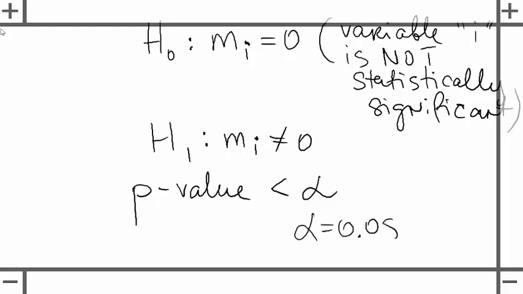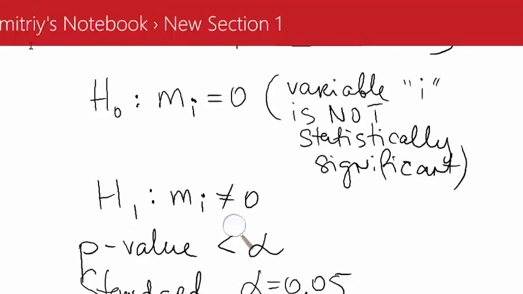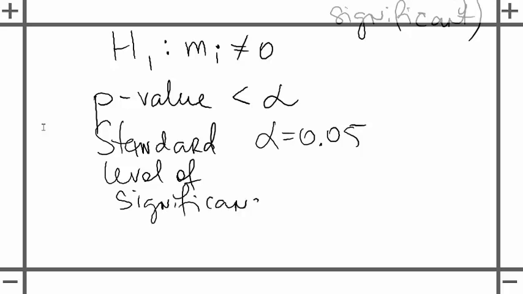0.05. This is the standard value. That's called the standard level of significance. Alpha equals 0.05.